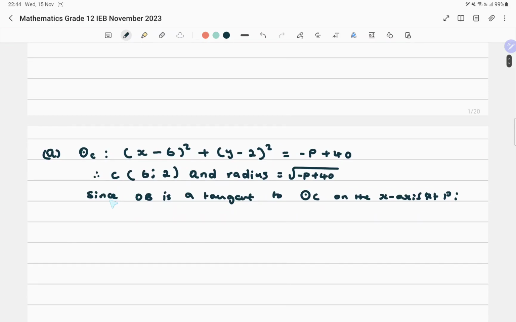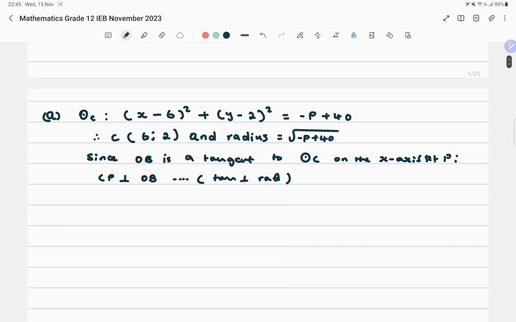Sometimes you don't have to explain too much. So since OB is a tangent to circle C on the x-axis at P, it is such that CP is perpendicular to OB. Why? The tangent is always perpendicular to the radius.